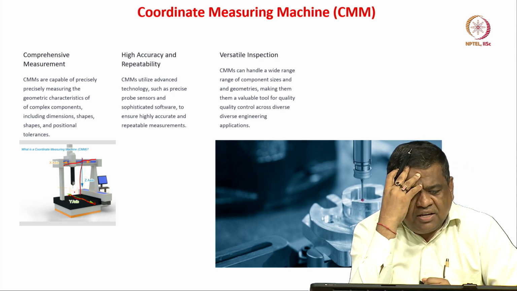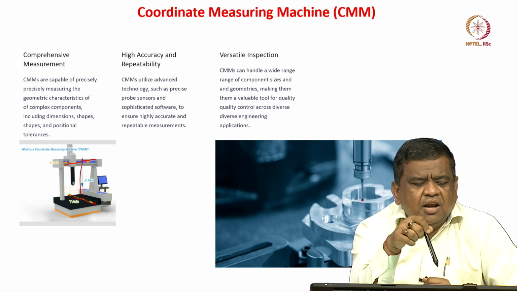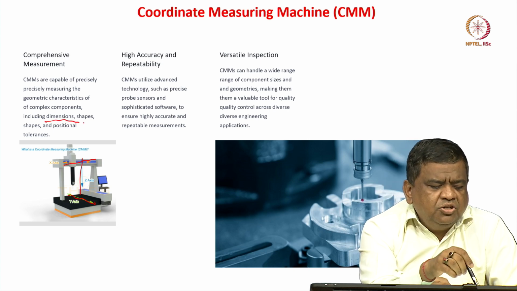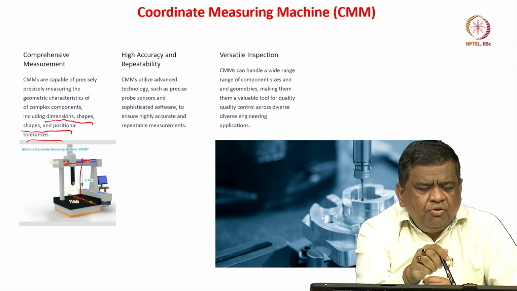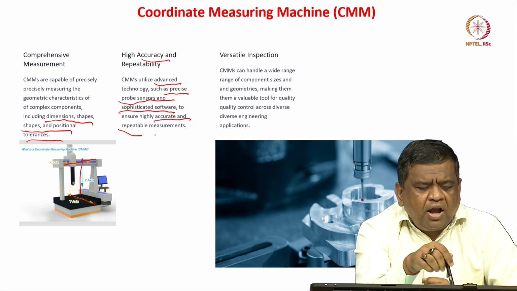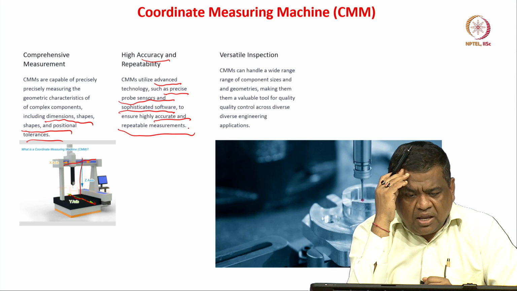They precisely measure the geometric characteristics of complex components, including dimensions, shapes and positional tolerances. This is high accuracy and repeatability because they use advanced technology like precise probe sensors and sophisticated software to provide accurate and reproducible measurements.